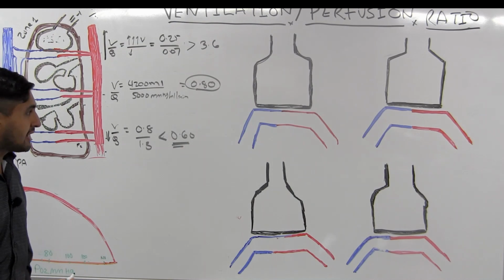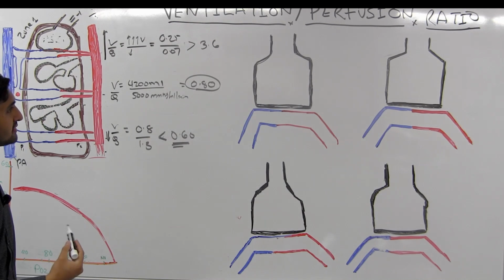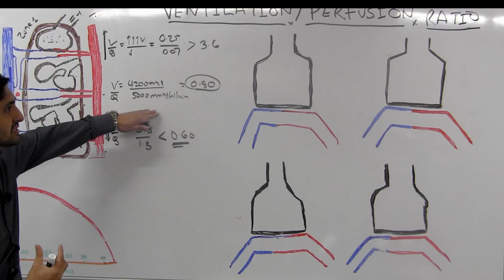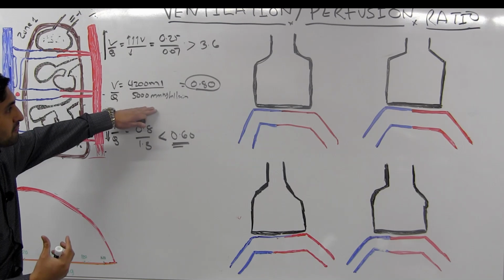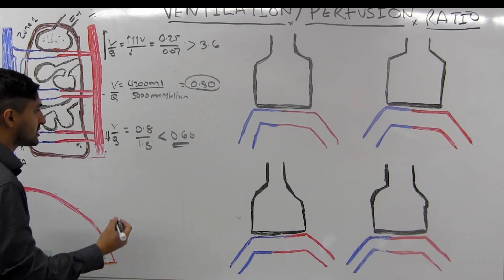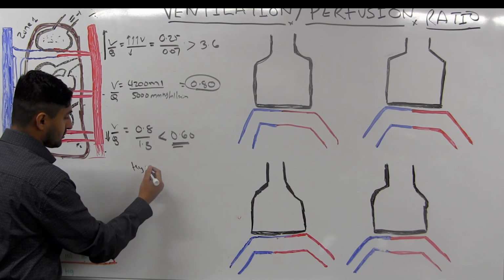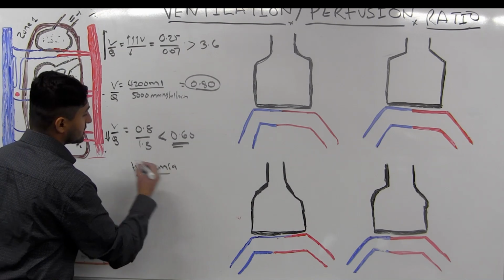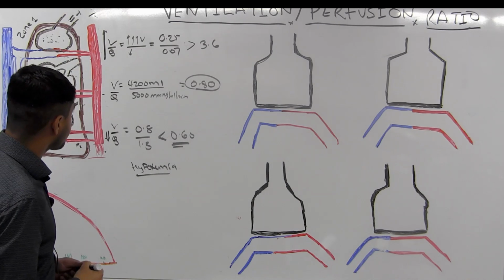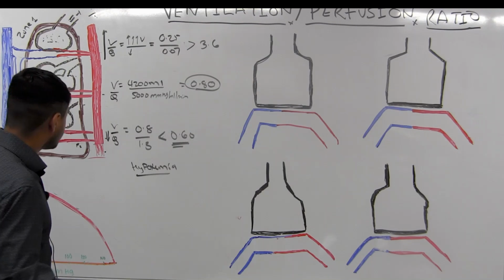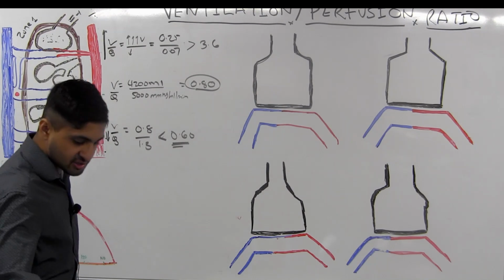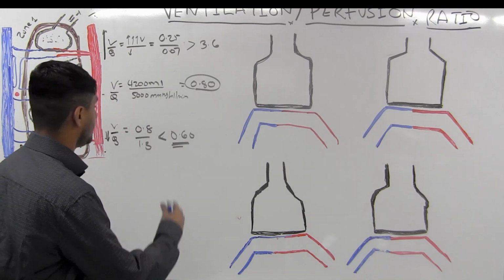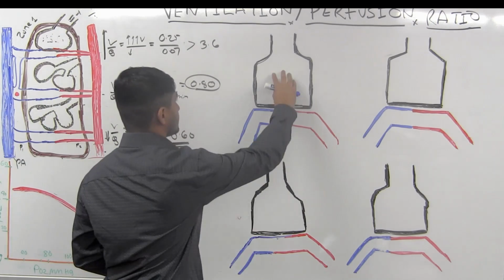The reason we study this is that it can help us determine whether patients are hypoxemic or not, and we'll talk about this too. Now, as we go further, let's talk in a little more detail.